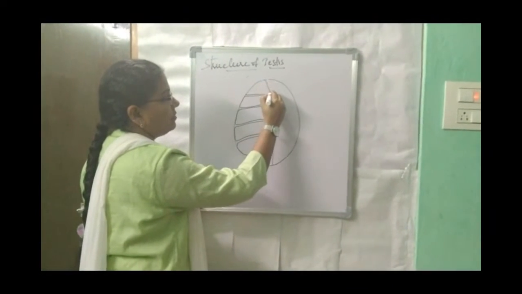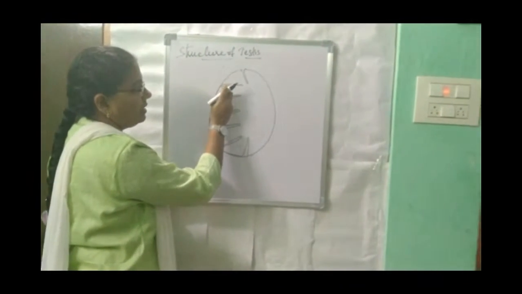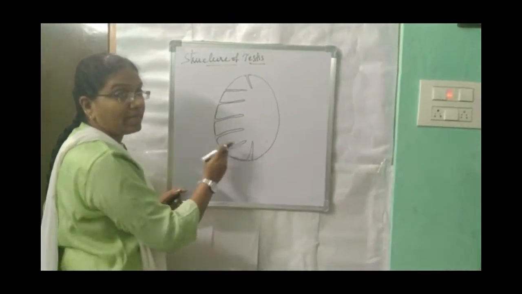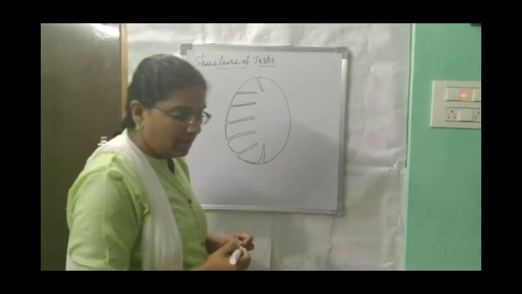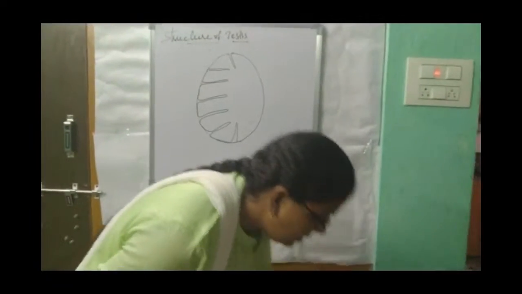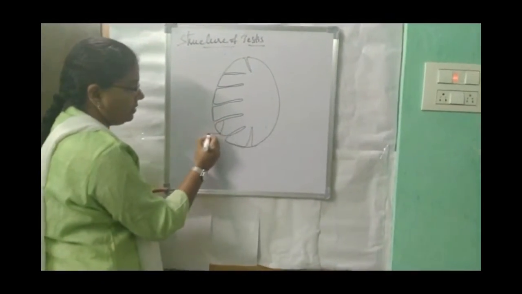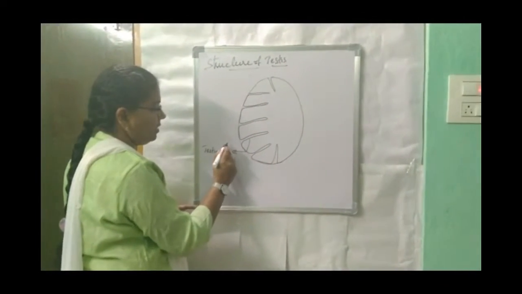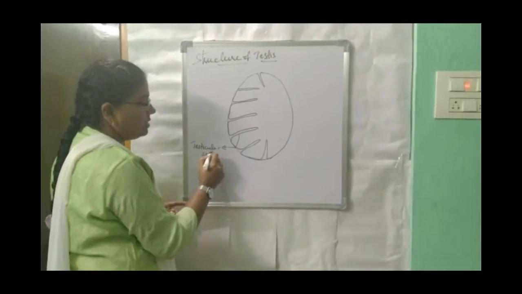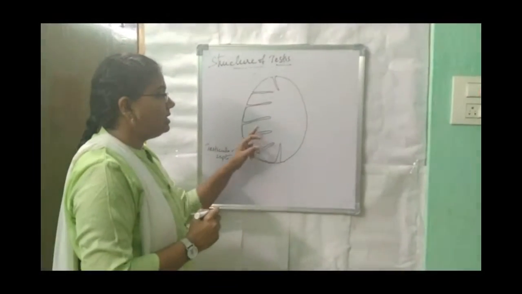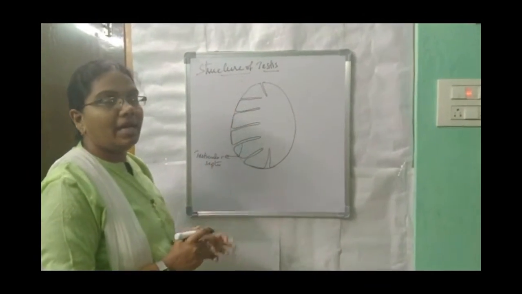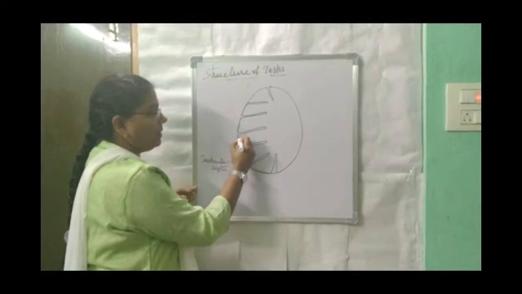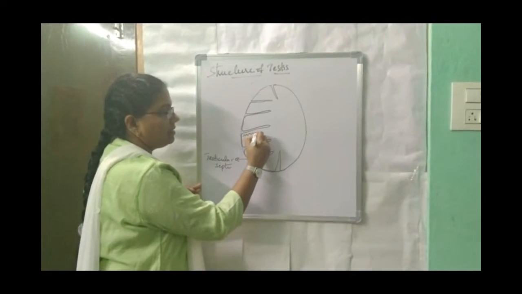If the testis has folds like this, the parts are divided into compartments. The compartments are called the testicular septa. Each testicular septum has a number of seminiferous tubules like this.